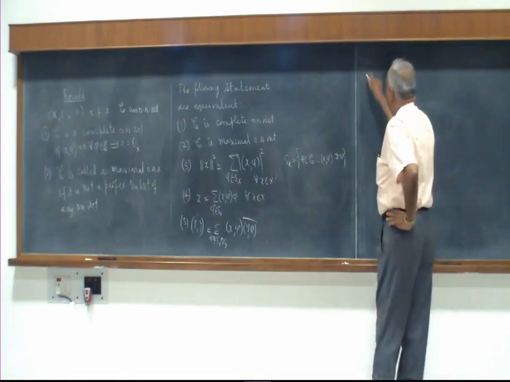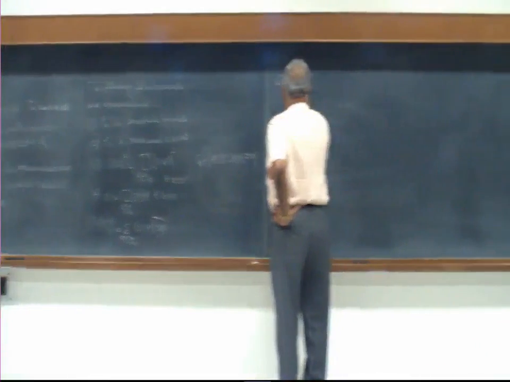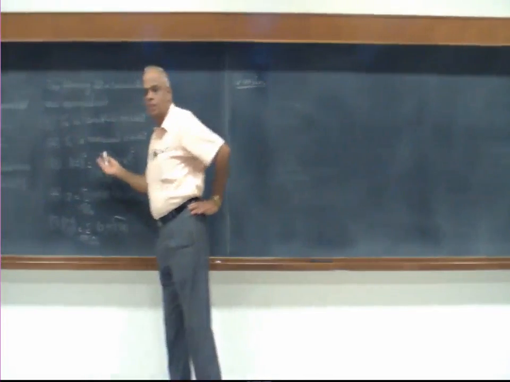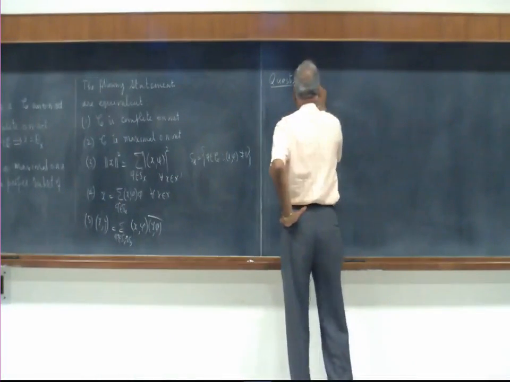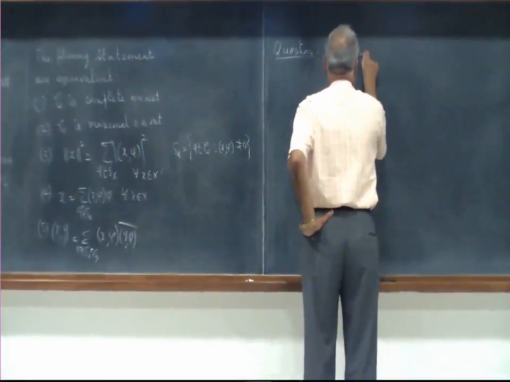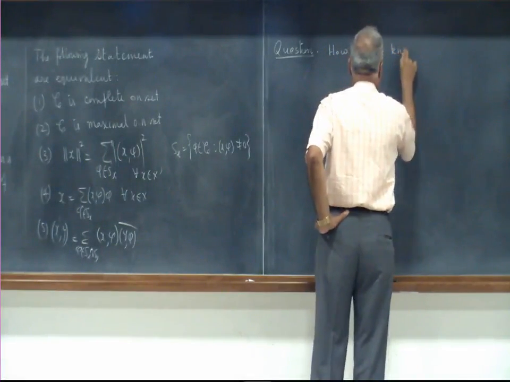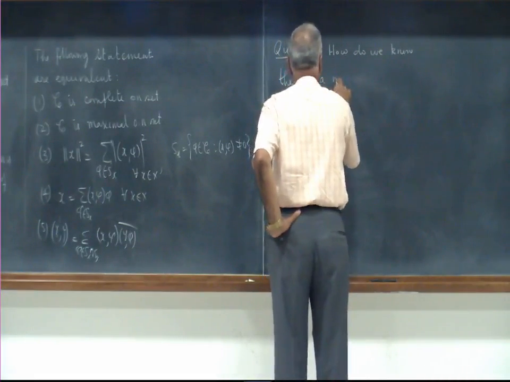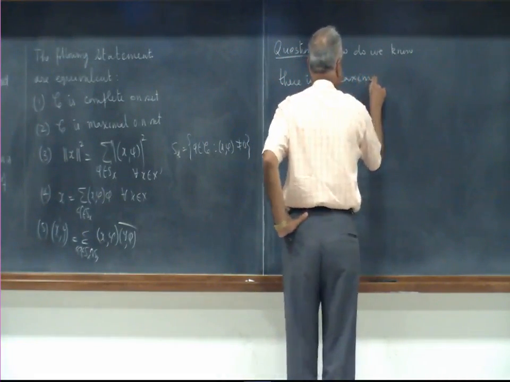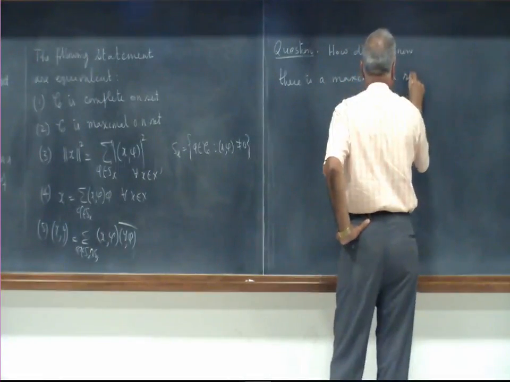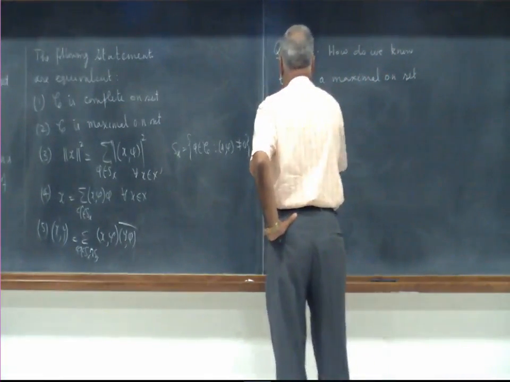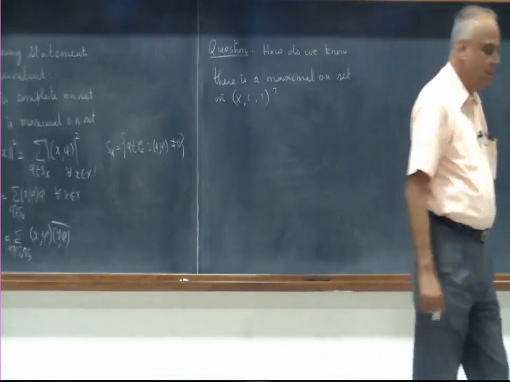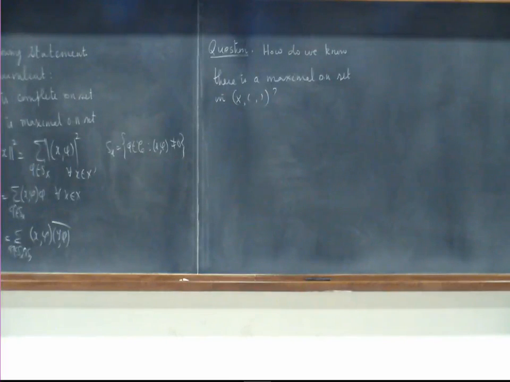So, we raise the question: it is enough if we have one of these, then automatically others follow. How do we know there is a maximal orthonormal set in X? This question is similar to vector spaces.